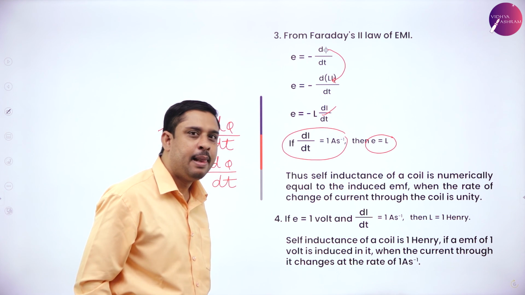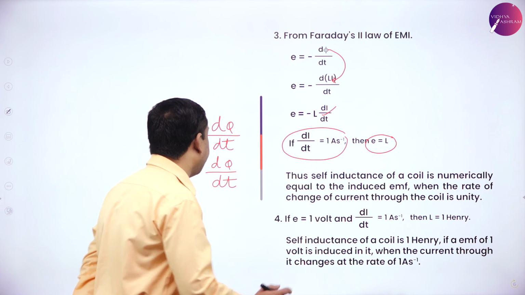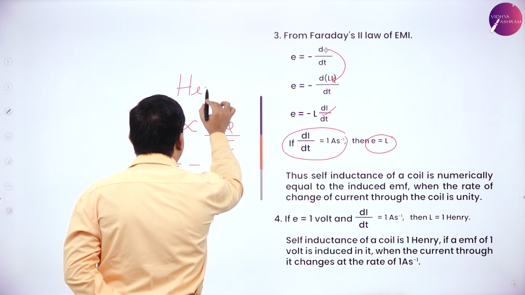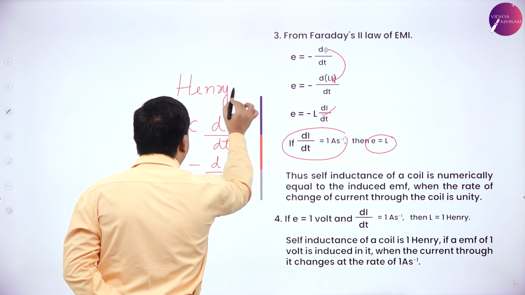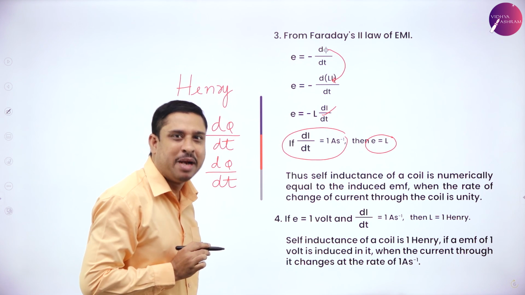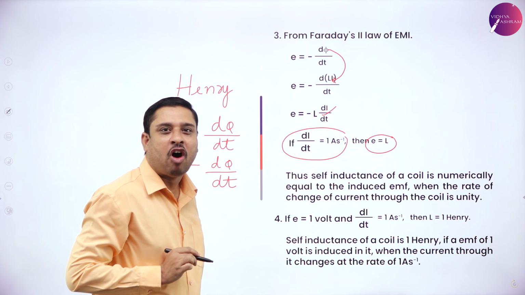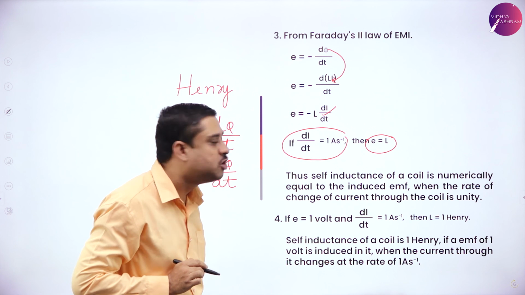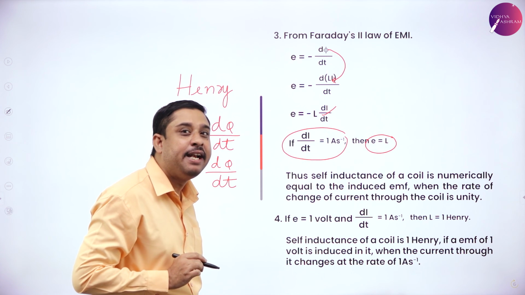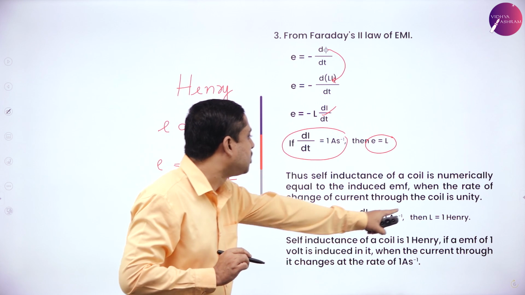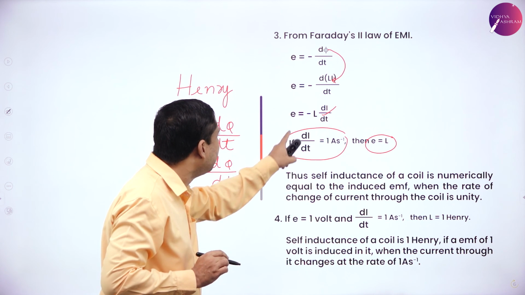Now, the SI unit of self-inductance is Henry. Please remember, the SI unit of self-inductance of a coil is Henry. When is self-inductance 1 Henry?